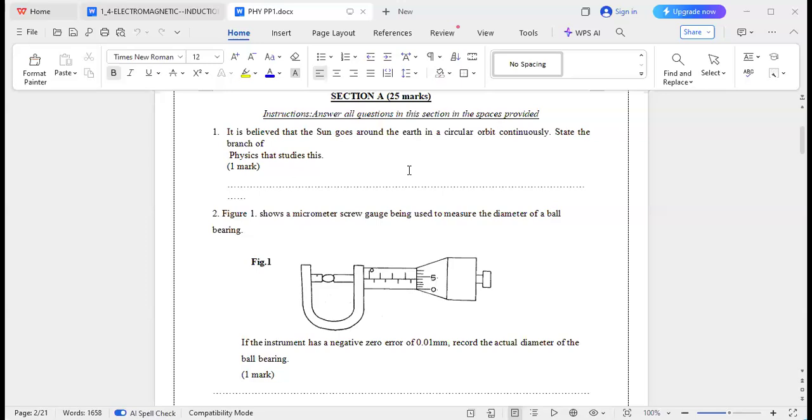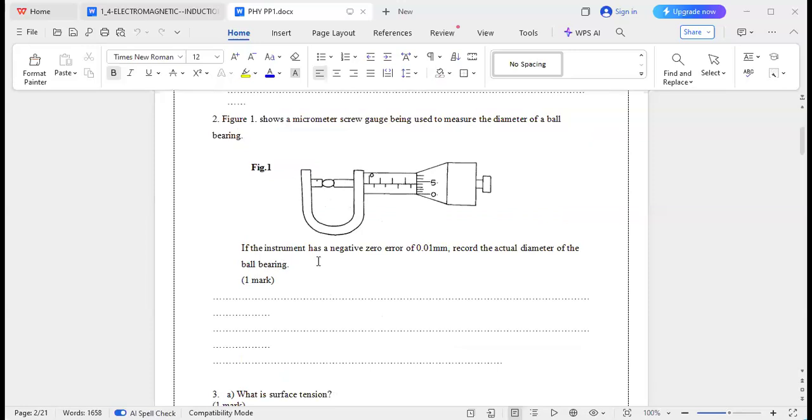So, number 2, if the instrument has a negative zero error of 0.01, record the actual diameter of the ball bearing. The main scale reading is 3.5. I think we can also see 3.5.